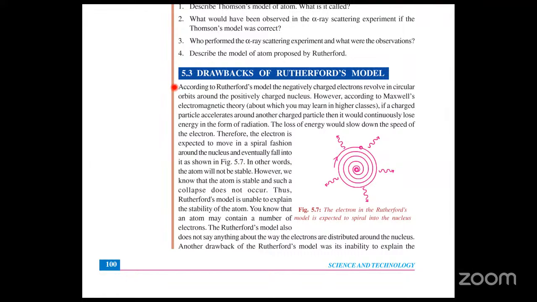The loss of energy would slow down the speed of the electron. Therefore, the electron is expected to move in a spiral fashion around the nucleus and eventually fall into it, as shown. In other words, the atom will not be stable. However, we know that the atom is stable and such a collapse does not occur. Thus, Rutherford's model is unable to explain the stability of the atom.